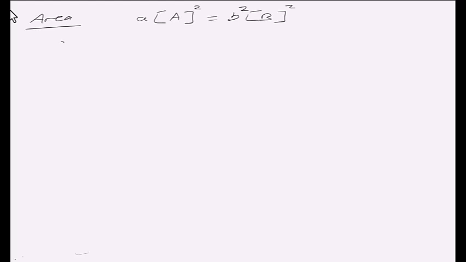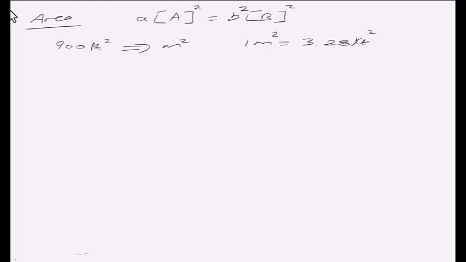So let's say we had 900 feet squared and we want to know what this is in meters squared. Well, 1 meter is equal to 3.28 feet, and by implication 1 meter squared is equal to 3.28 feet squared.